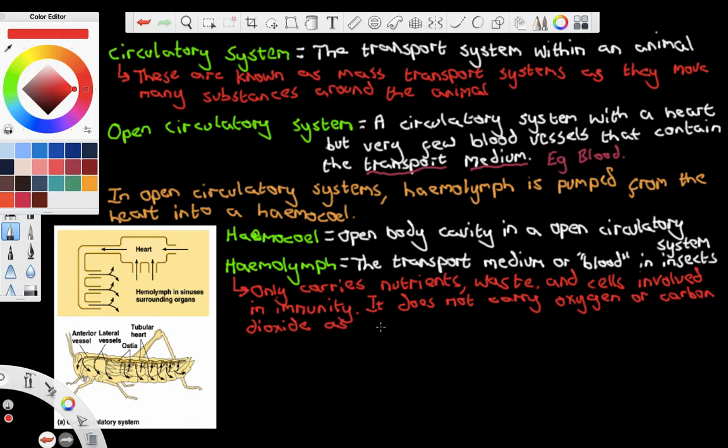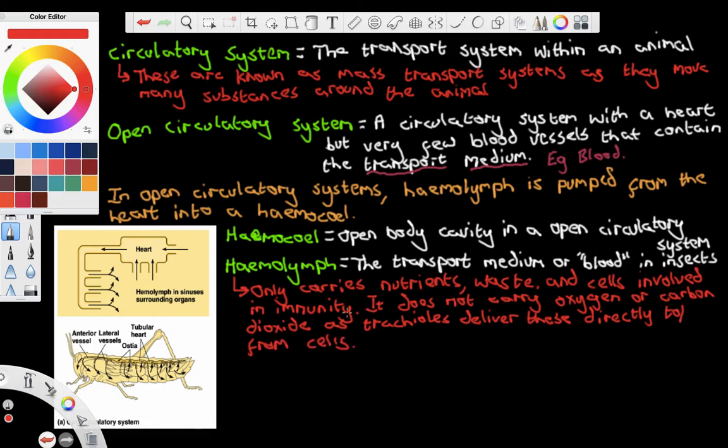as tracheoles deliver these directly to and from cells.